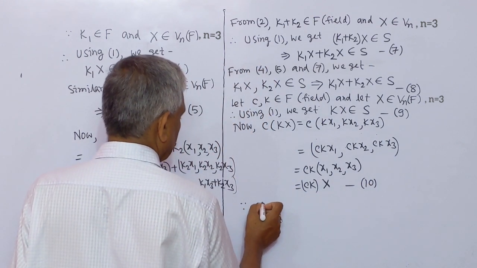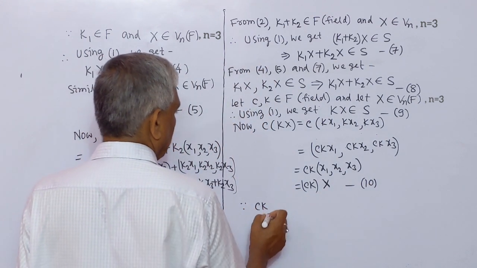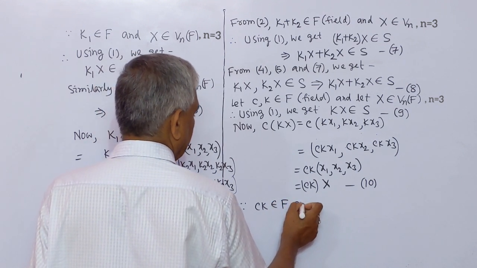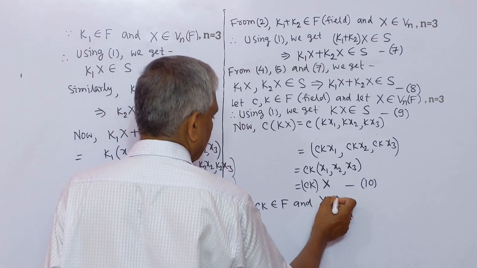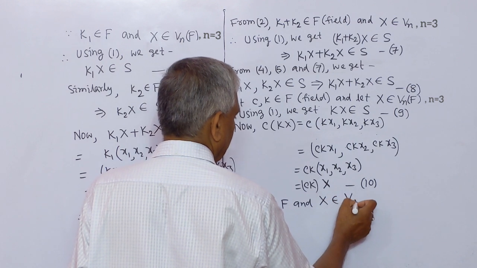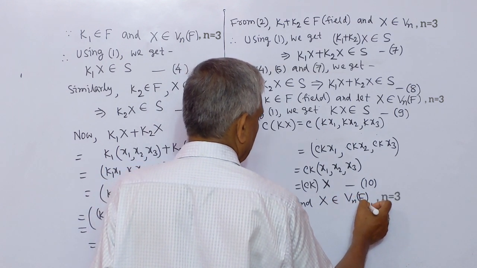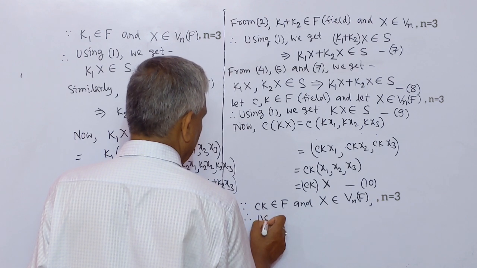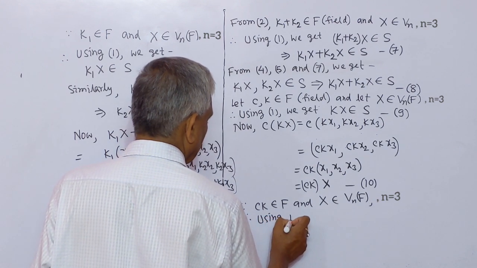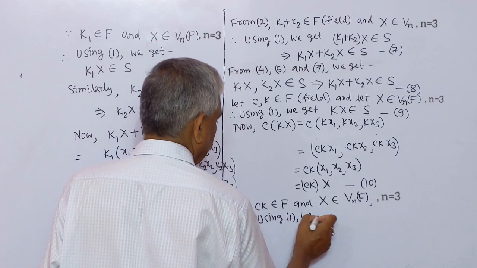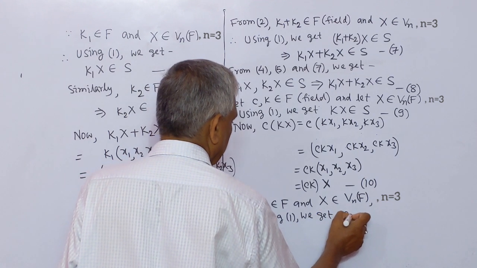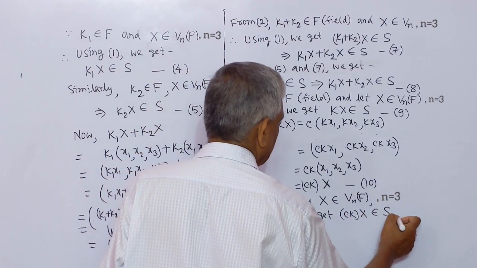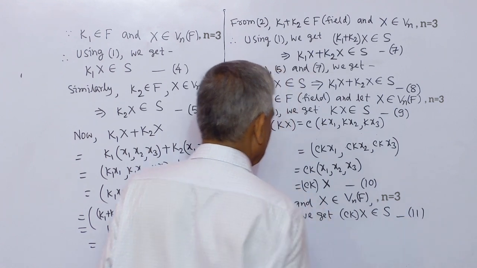Since CK belongs to field F and X belongs to V and F, therefore using 1 we get CKx belongs to S. This is number 11.